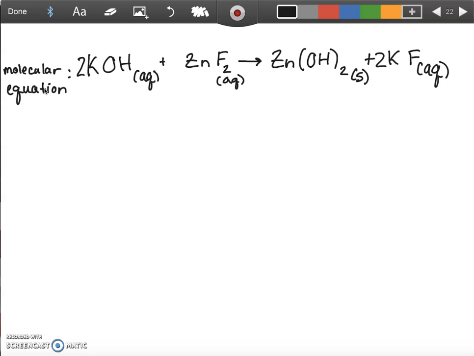Any place where you see an aqueous, that means it's going to break up into its separate ions. We've gone over that before. Remember, aqueous things are dissolved in water, and the ions break apart, and they're surrounded by those water molecules. So our next step is to do the complete ionic equation.